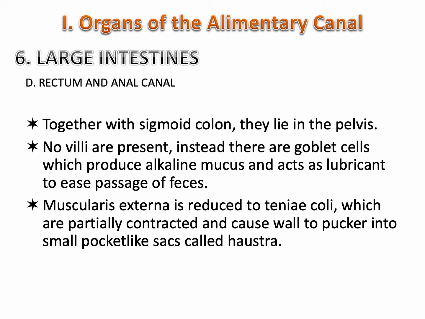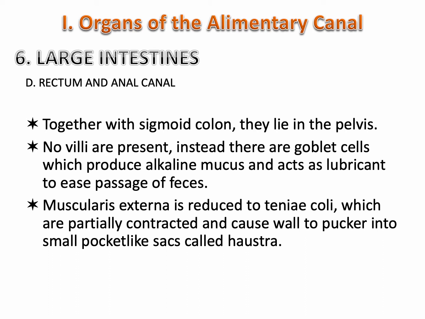Sa rectum and anal canal, wala nang villi. Again, para saan ang villi? For absorption, because you do not absorb anymore in the structures of the rectum. Instead, nandiyan ang goblet cells. The goblet cells produce alkaline fluid, therefore nag-act siyang lubricant para mas madaling mailabas ang feces.